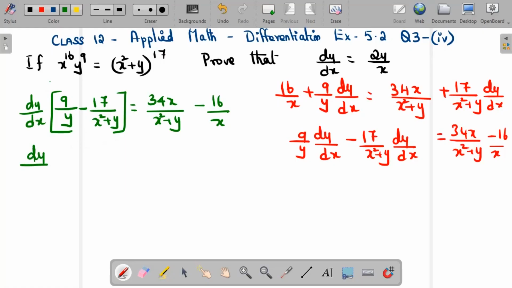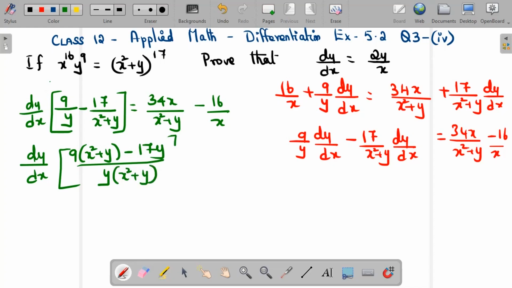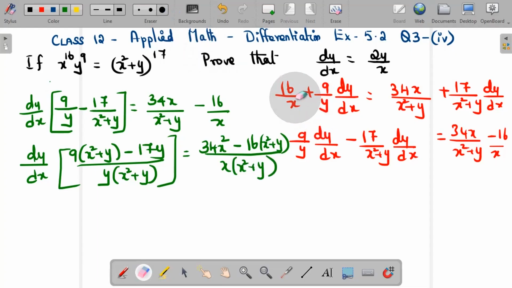The left side is dy/dx times [9(x² + y) minus 17y] over y(x² + y). On the right side it is going to be [34x² minus 16(x² + y)] over x(x² + y). Only the LCM part is done on both sides.